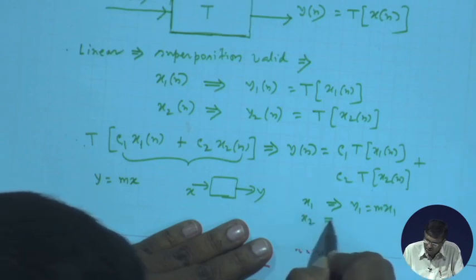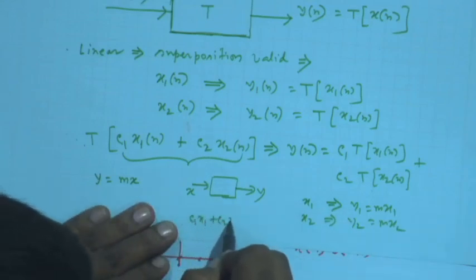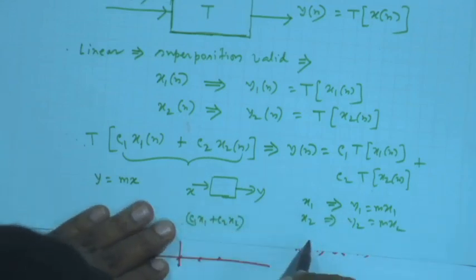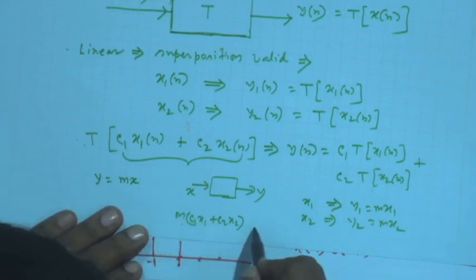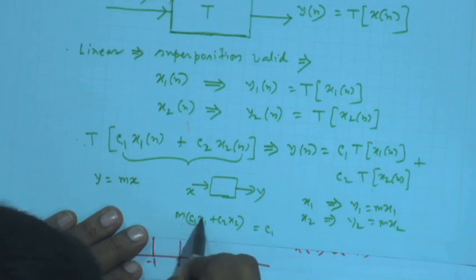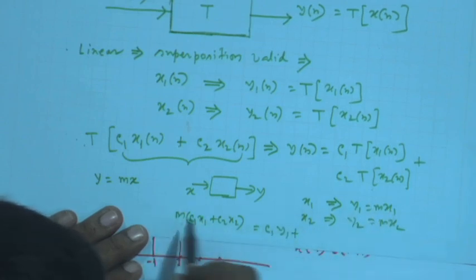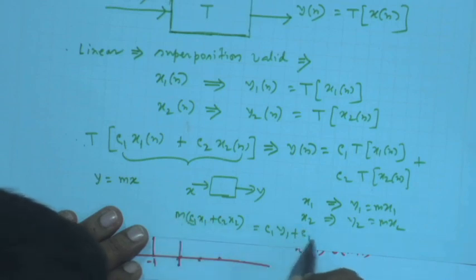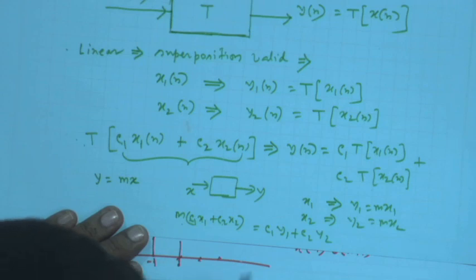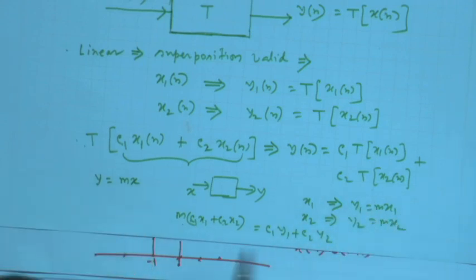If you give x2, output is m x2. If you give C1 x1 plus C2 x2, output will be m times this, which you can write as C1 into m x1, but m x1 is y1, plus C2 into m x2, which is y2. Okay. So, this is satisfying the superposition principle.